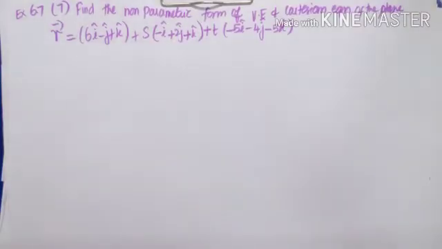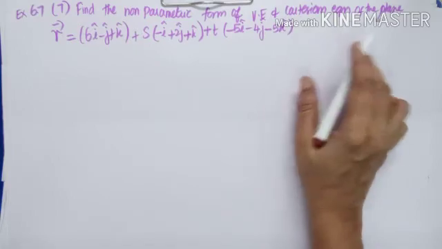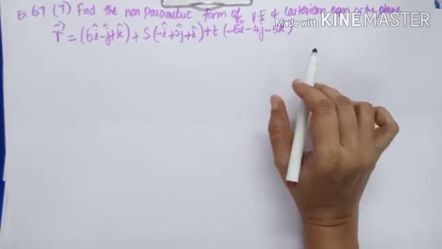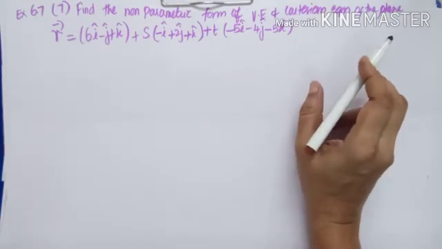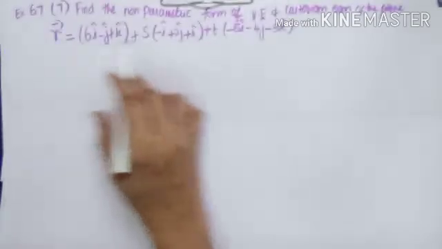Question number 7. Find the non-parametric form of vector equation and Cartesian equation of the plane. See, usually a line, a direction or a point like that were given. But now they have given the parametric form.